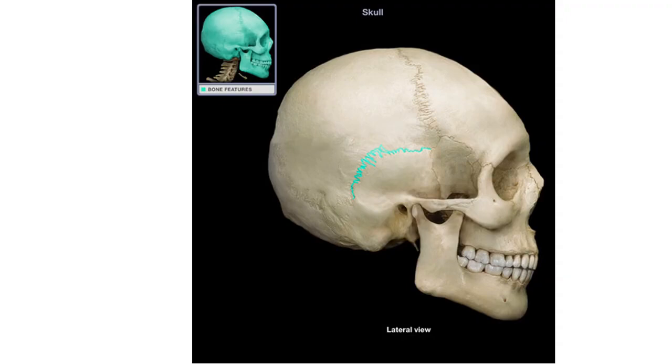There are parts that we can see now in the lateral view, and there are parts that we cannot see, which are inside the skull. This part is called the squamous part, the thin part, and it articulates by a suture with the parietal bone, and therefore this suture is called the squamous suture.